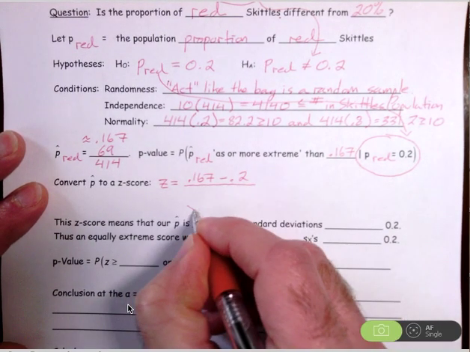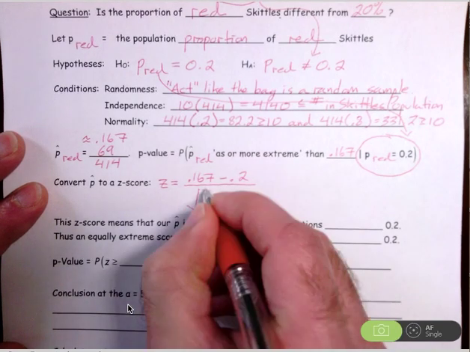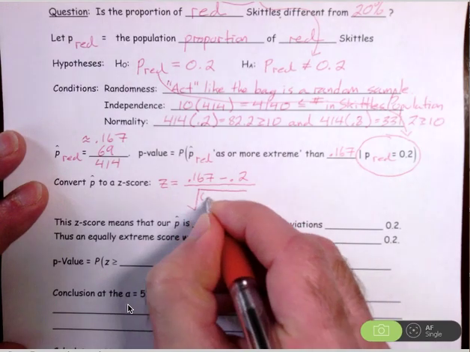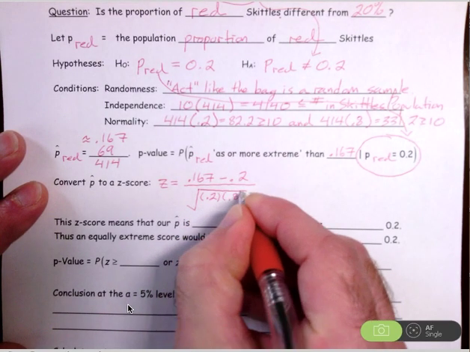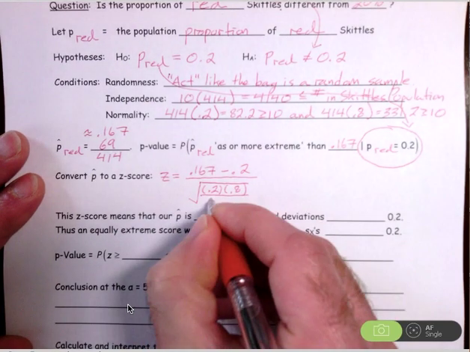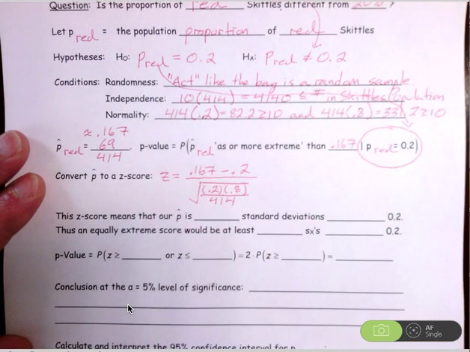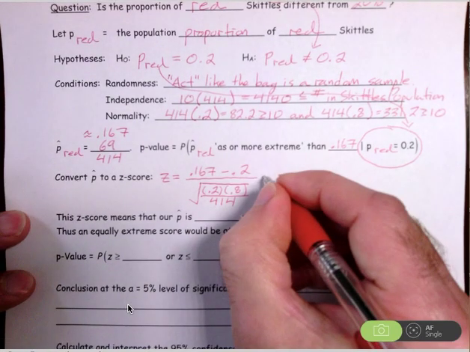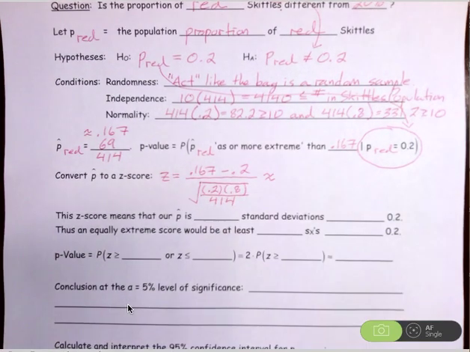And then the standard deviation of the sampling distribution can be found by taking p times 1 minus p, so that's 0.2 times 0.8, and dividing by our sample size of 414, and taking the square root. So I'm going to put that all into my calculator in one shot, and I'm going to make a z-score out of it.